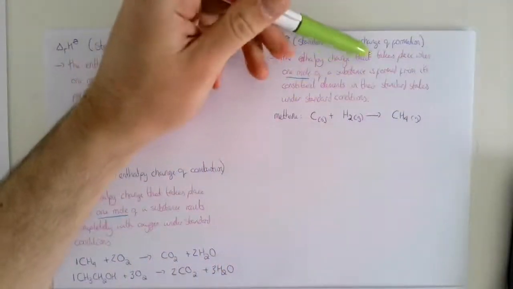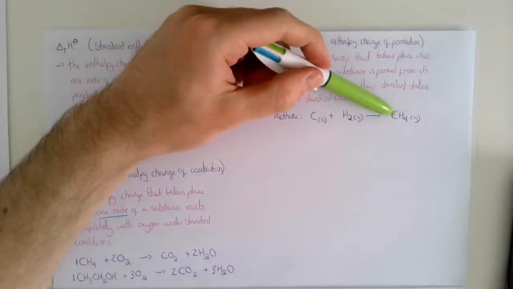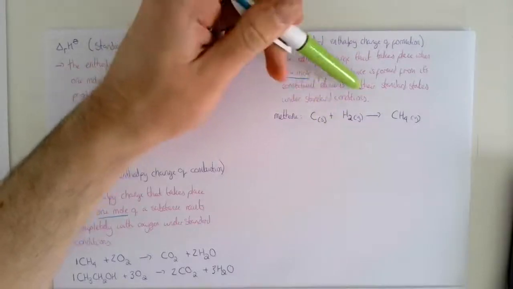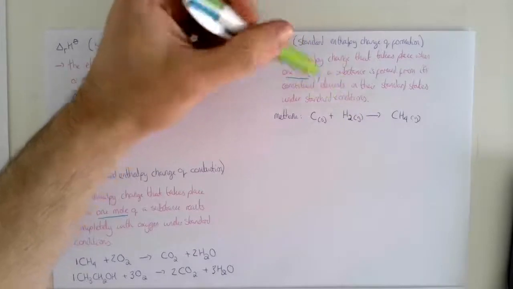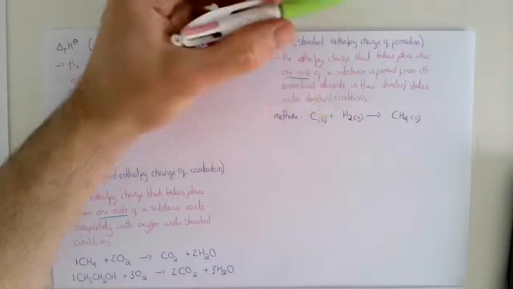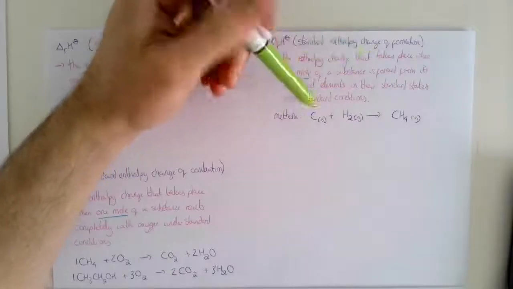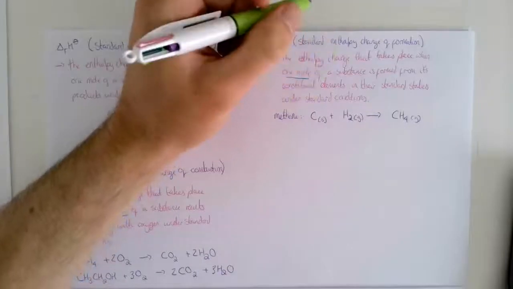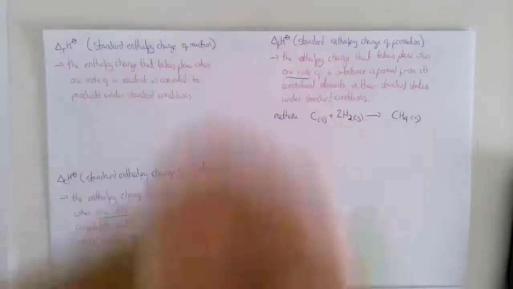So the enthalpy change that takes place when 1 mole of a substance, methane, is formed from its constituent elements, carbon and hydrogen, in their standard states, and then under standard conditions, which are 298 Kelvin, 100 kilopascals of pressure, and in this case we haven't got solutions, so we don't need to worry about concentrations. I do need to balance it, so if I put a 2 here, that finishes the equation.